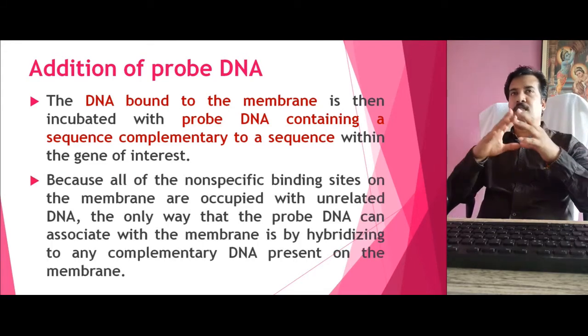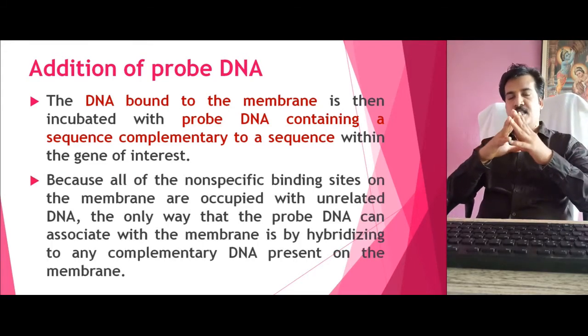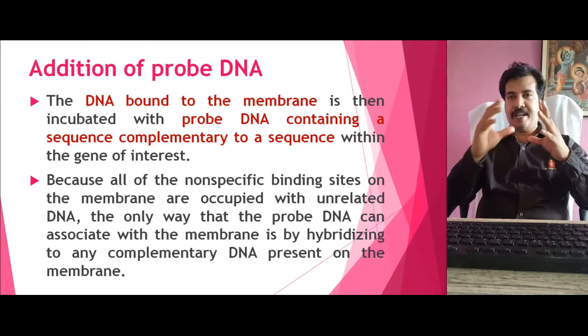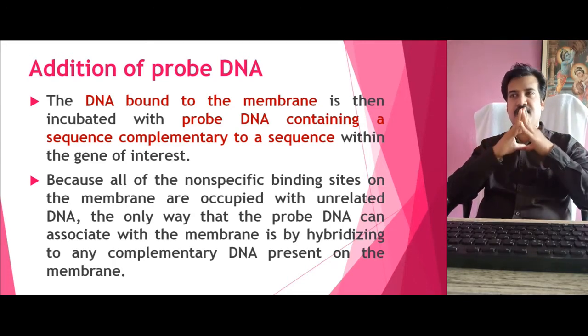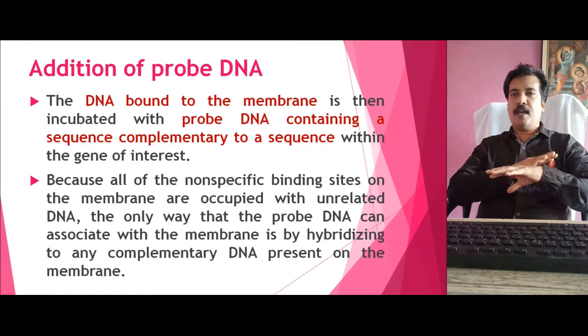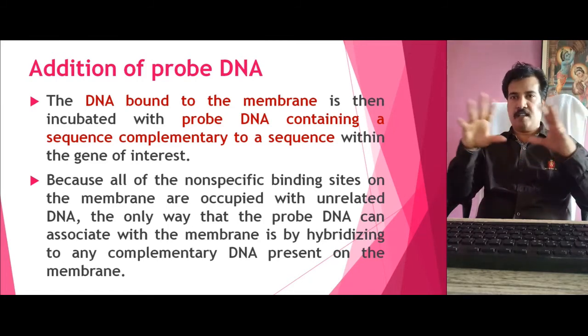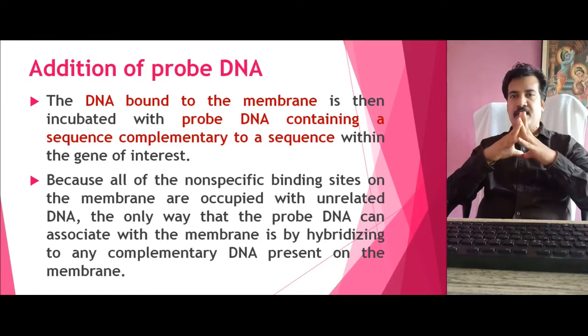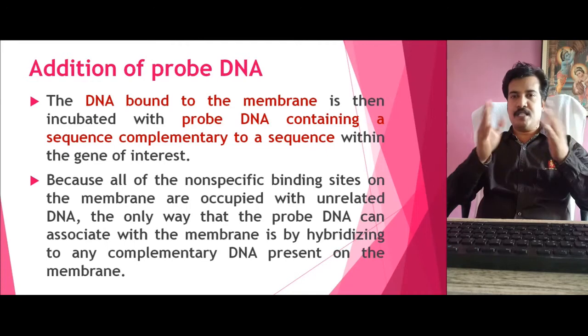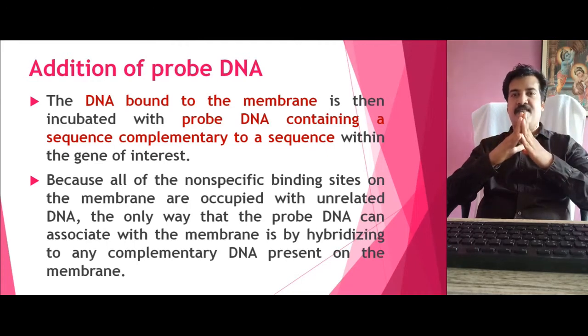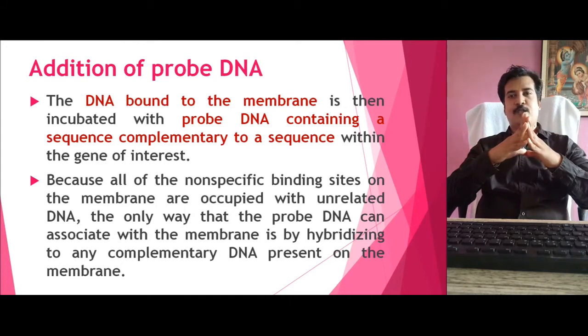The probe DNA can only attach to the gene of interest because all the non-specific binding sites of the membrane are occupied with unrelated DNA, so the probe DNA can only anneal once it encounters a complementary DNA strand which was transferred during the blotting technique onto the nitrocellulose membrane.